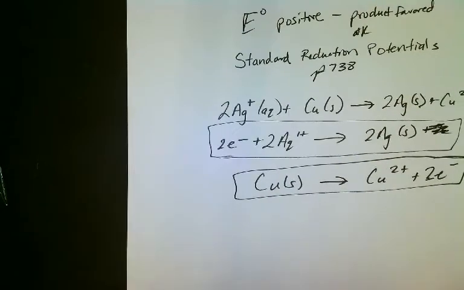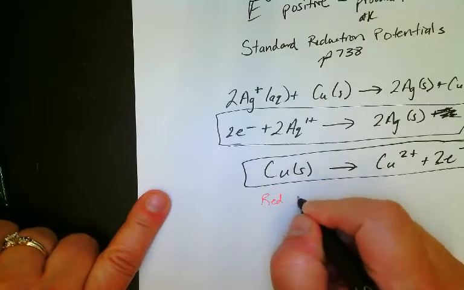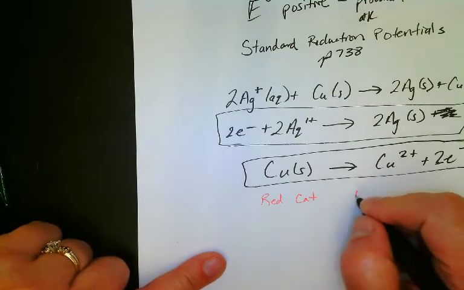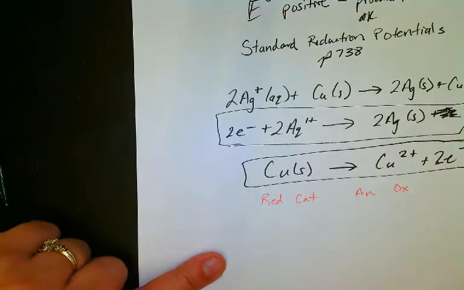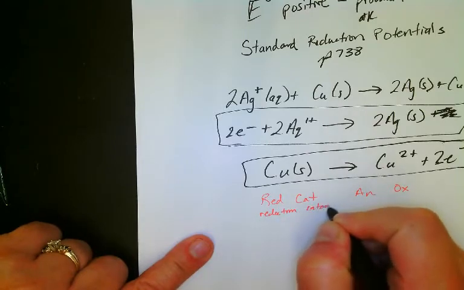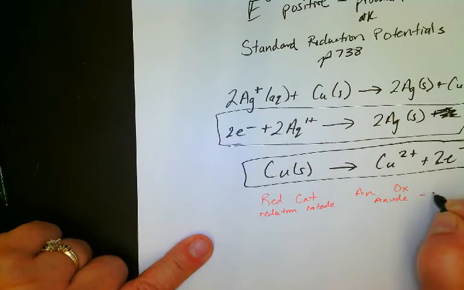So now I need to think about which one is the anode and which one is the cathode. Using our mnemonic device, red cat and an ox: reduction, cathode, anode, oxidation.